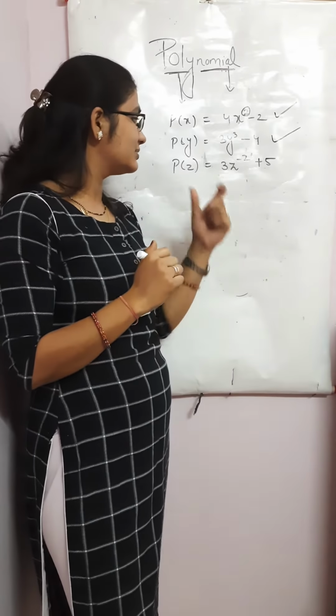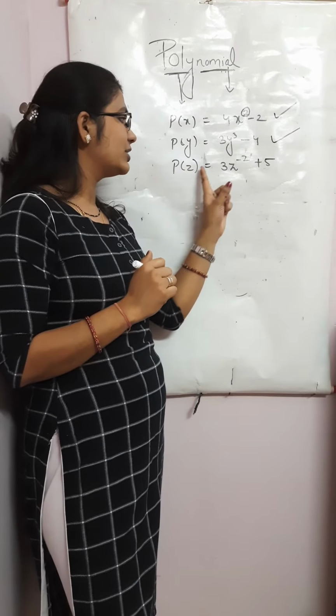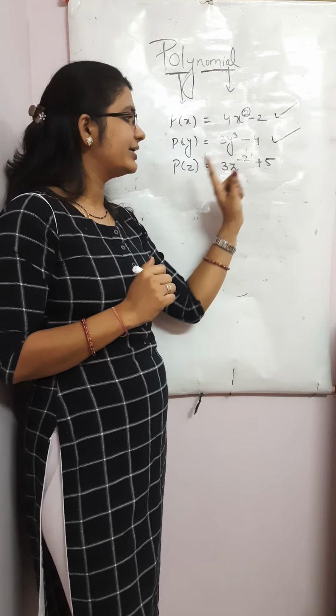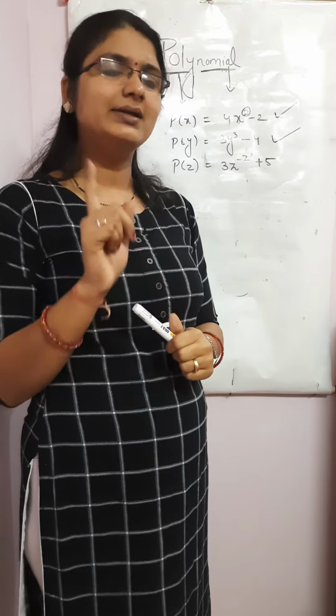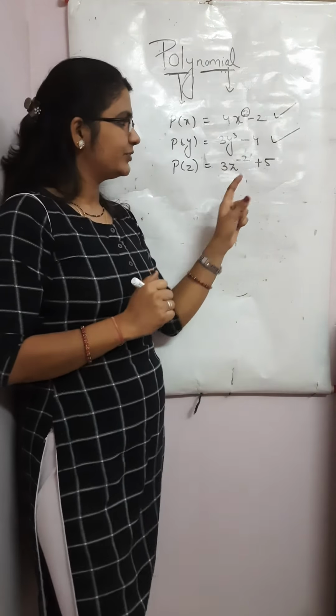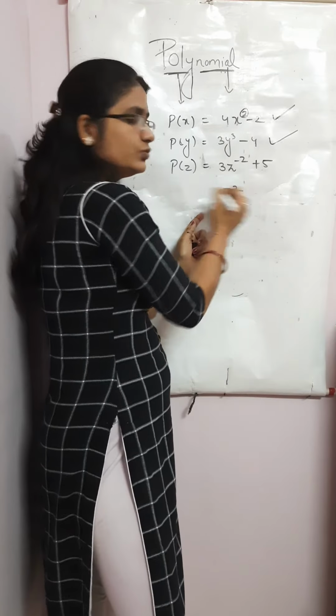Now let us consider the third example. p(z) equals 3z to the power minus 2 plus 5. Is this expression a polynomial? Let me check. Here the exponent is minus 2.